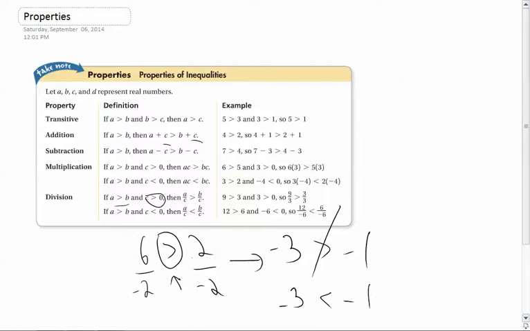If it says less than or equals, or greater than or equals, that's okay. In other words, if this one originally said 6 is greater than or equal to 2, when I switched it around, I could have said negative 3 is less than or equal to negative 1.